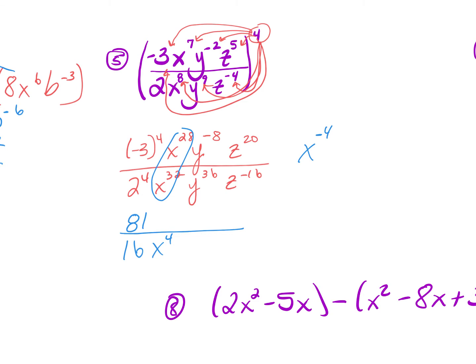Okay, so it's -8 minus 36 gives me what? -44. So y to the -44. And then it's z to the 20th minus a -16 gives me z to the 36th, minus a negative.